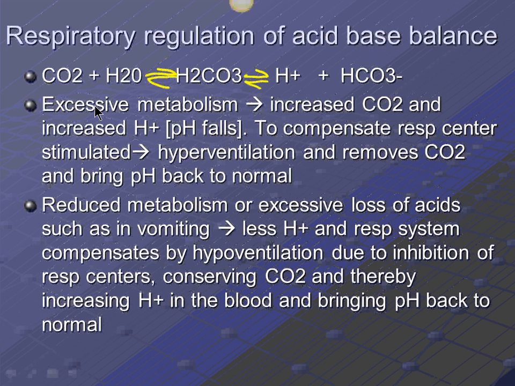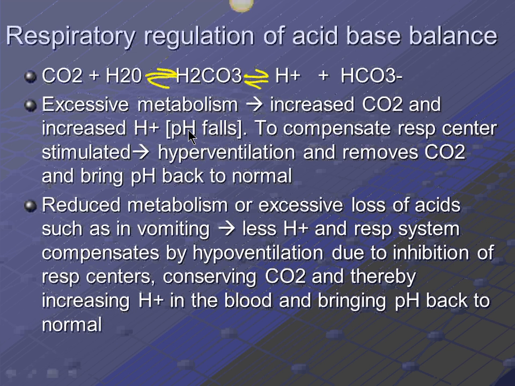But in a case of excessive metabolism, say like you're exercising and there's excessive production of CO2, the equation will go this way. So your hydrogen ions could keep on increasing and maybe they're not getting buffered properly. So your pH falls, so you end up with acidosis.